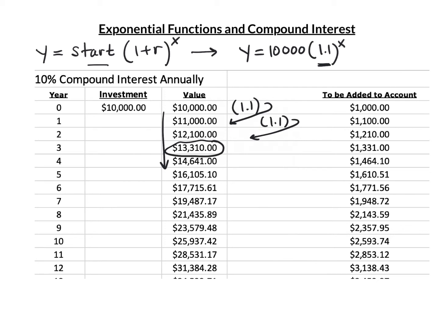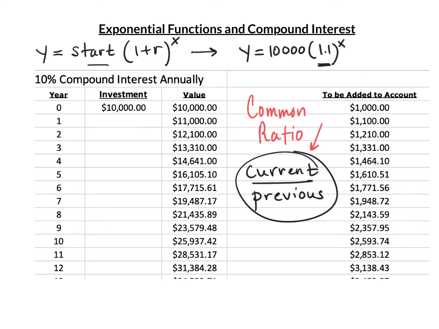Multiplying by 1.1 skips the adding step. 1.1 is 110%. So that includes the 100%, which is the previous year's total, and the 10% increase, that is the interest for that year.